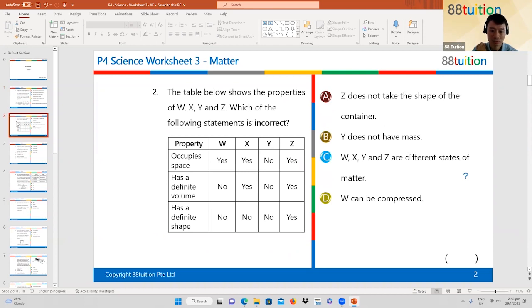Next. The table below shows properties of, okay, come try first before I tell you the answer. Okay, Valerie has given an answer already. How about the rest?